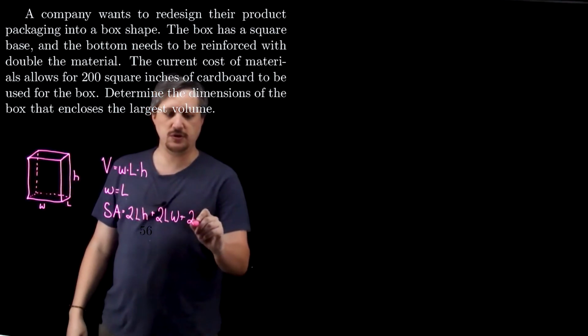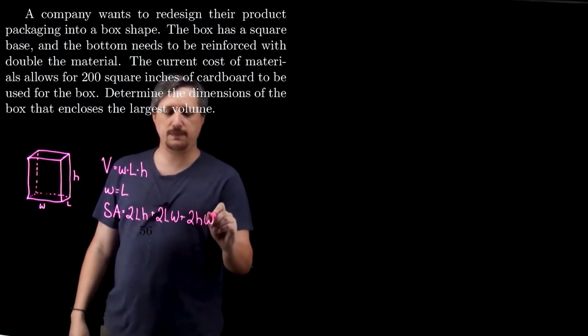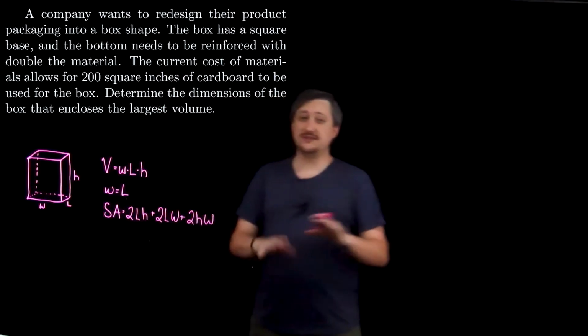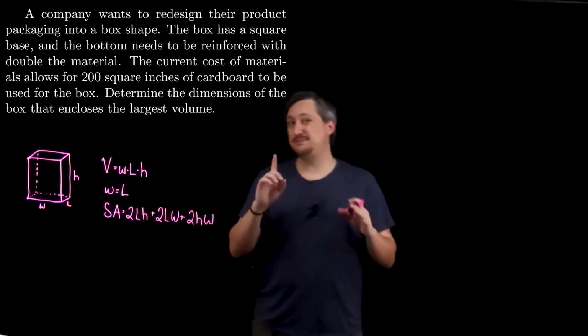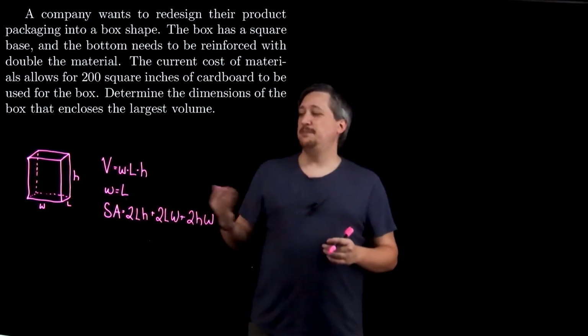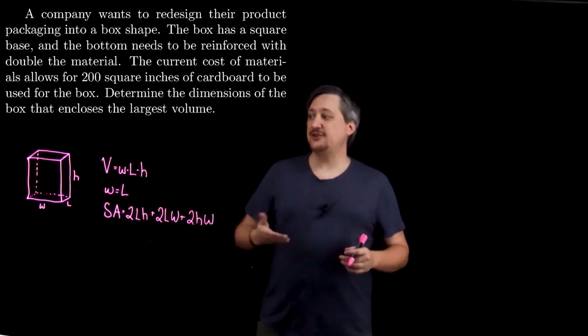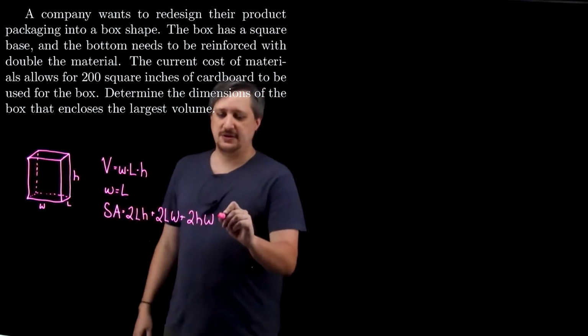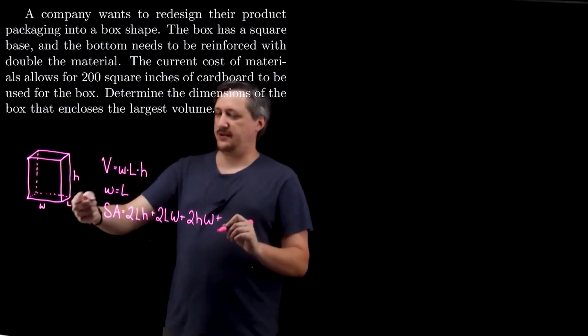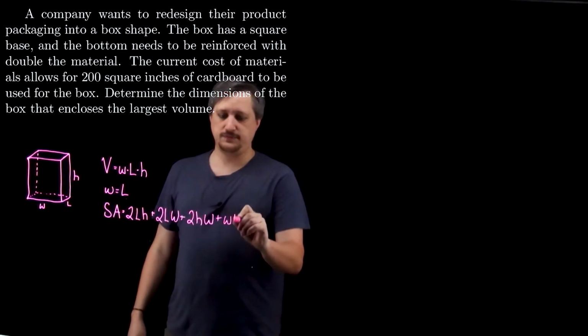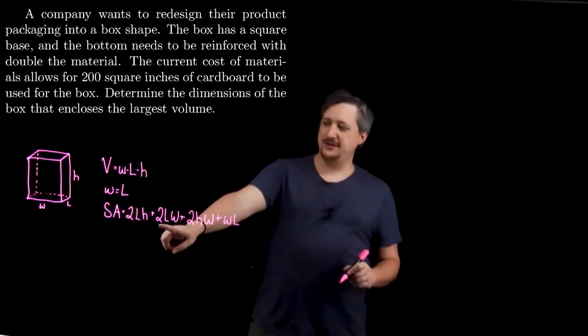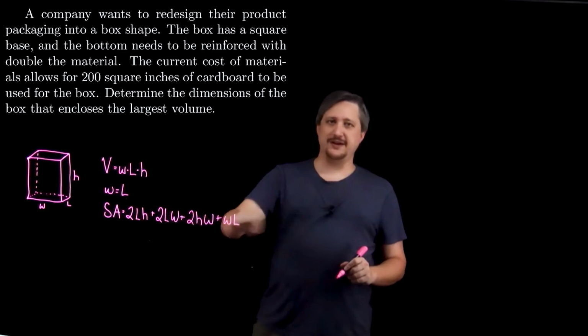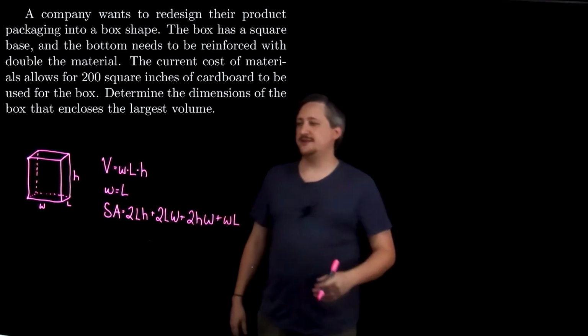So I have 2 height and width. So this would be if I just did the standard surface area, but remember, the bottom needs to be reinforced. So I need an extra, whatever the bottom is, which is width and length. So really this would be 3 length width, but I'm just doing it as I see it, right?